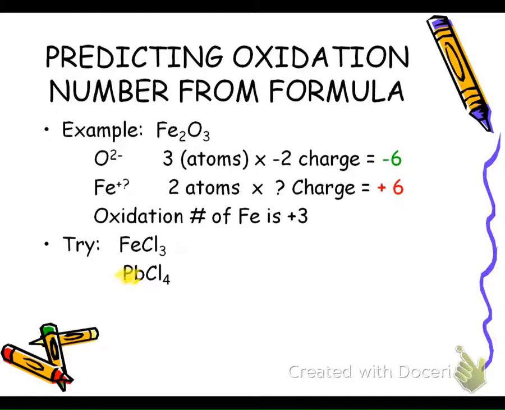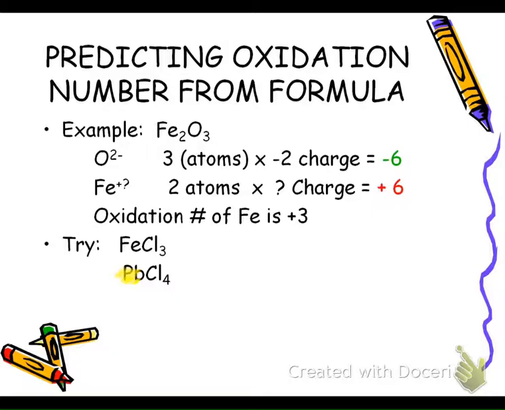PbCl4. Find Pb on the periodic table. Atomic number 82. A reminder that Roman numeral land includes the elements in the metal area that go up to the staircase once we have hit the transition part of the periodic table.